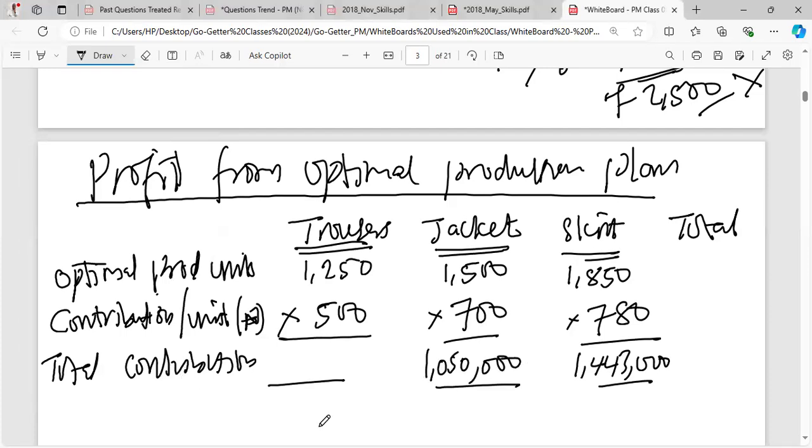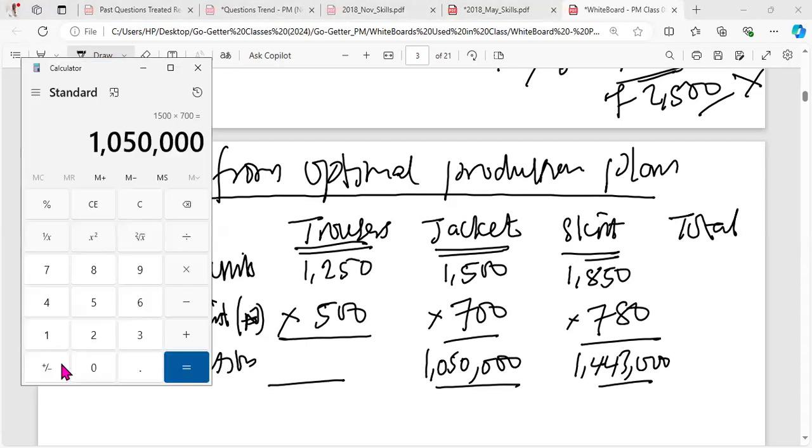Then I have 1,250 multiplied by 500. That's 625,000.